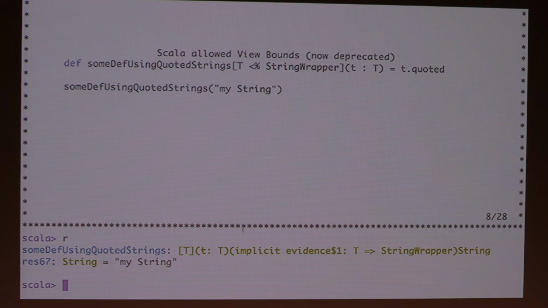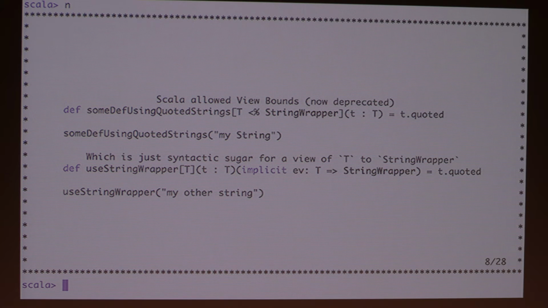As you can see here in the REPL, there's some other syntax going on here. So we have some def usingQuotedStrings with a type parameter T and one parameter here. But now we have this extra parameter list with some evidence$1 here, which will provide the view for us from type T to StringWrapper. So as we just saw, this is actually syntactic sugar, the less than percentage sign, for an extra implicit parameter list.